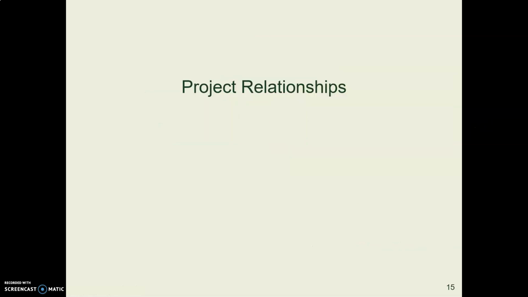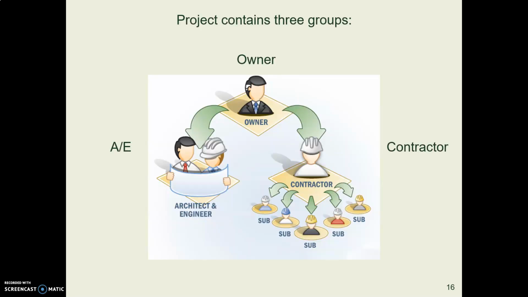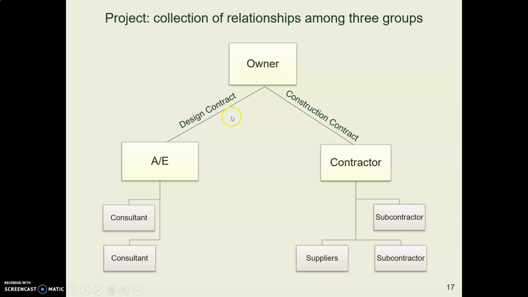Now, the relationships on a commercial project are clearly defined, and they are different than you would find in a residential project. In a commercial project, we have these three groups: the design team, the architect and engineer, the owner, and the contractor, and each of those has subgroups that report to them.